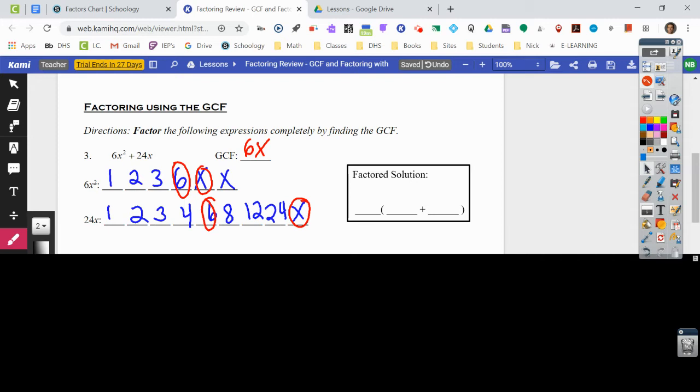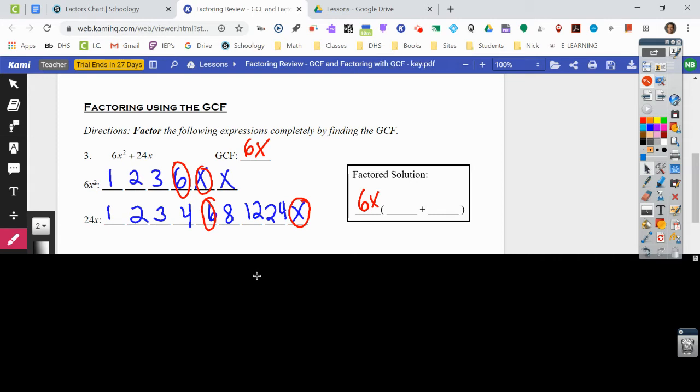To find my factored solution, my GCF will always go out in front of my parentheses. Now I have to ask myself, how do I go from 6x back to 6x squared? That is my problem, 6x squared plus 24x. Factor means I have to break that down, so I'm pulling out the 6x. 6 times what gives me back 6?